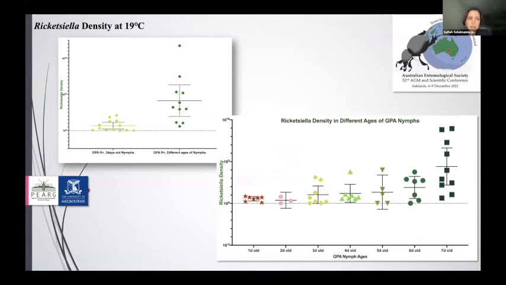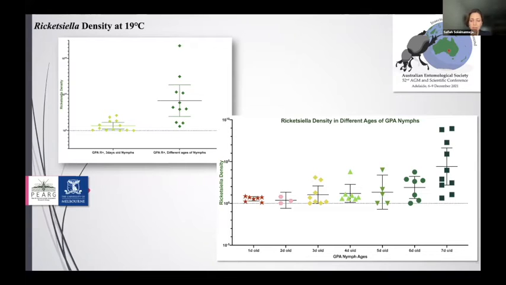So we hypothesized that maybe the reason for the different results that we got is Rickettsia density. So we compared the Rickettsia density for the GPA nymphs that we used, 3 days old, compared to the different ages of nymphs that we used for both experiments. And as you can see, there is a difference in the Rickettsia density.